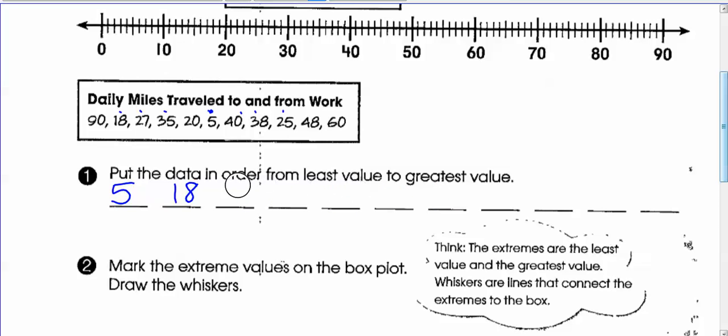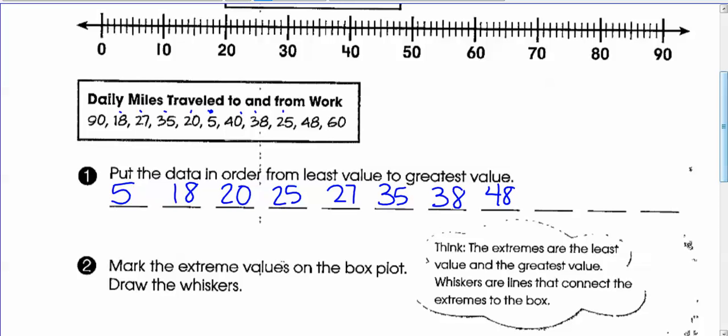All right, so 5, 18, then 20, then 25, then 27, then 35, then 38, then 48.